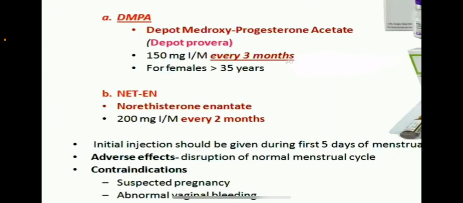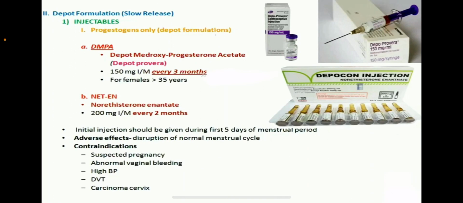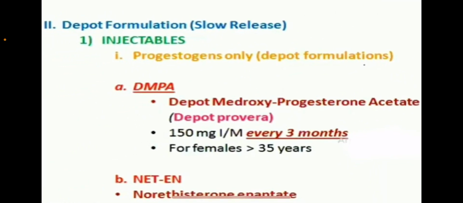Remember guys, what was the main idea for the introduction of these depot formulations? We had OCPs, right? Lots of OCPs, various types, like chewable and so many things we saw. Now, what was the need for the depot formulation, which is a slow release of the hormone in the body, wherein we have injections, rings and implants? It is because the OCPs had to be taken on a daily or weekly basis, whereas these are very long acting and very effective.